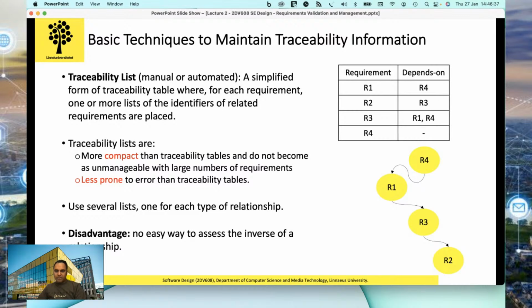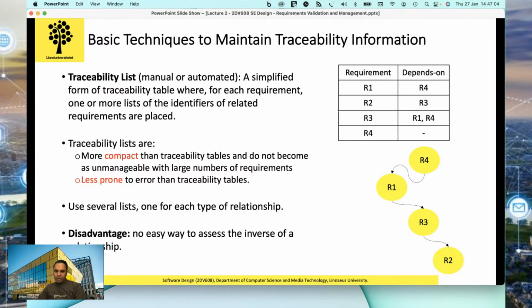And this kind of traceability list can also be used to prioritize your requirements. For example, if we are saying that R1 is dependent on R4, R2 is dependent on R3, that means we must implement R4 first before R1. So we can build a graph like this where R4 will come before R1. And since R2 is dependent on R3, that means R3 must be implemented before R2.